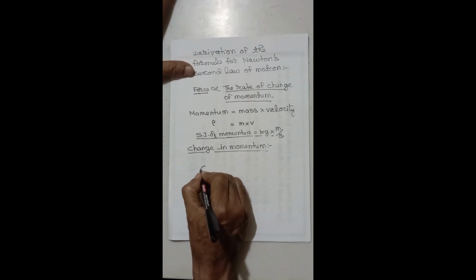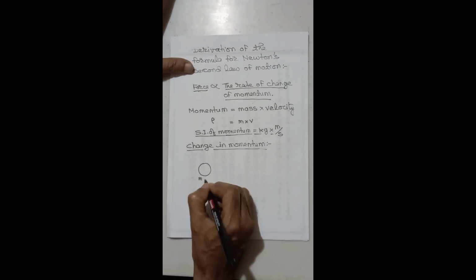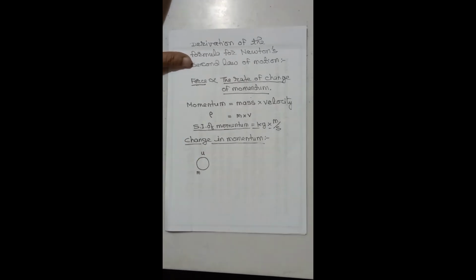Here is a body with mass m and initial velocity u.